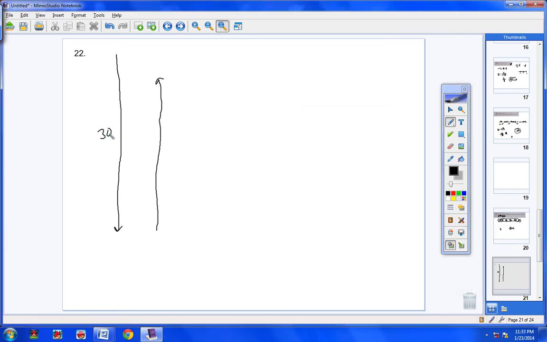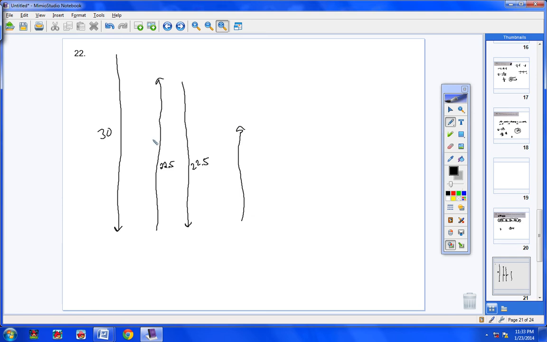And so if we take 30 times 3/4, we will get 22.5. So the ball goes back up 22.5, but then of course it has to come back down the same distance, so it comes back down 22.5.